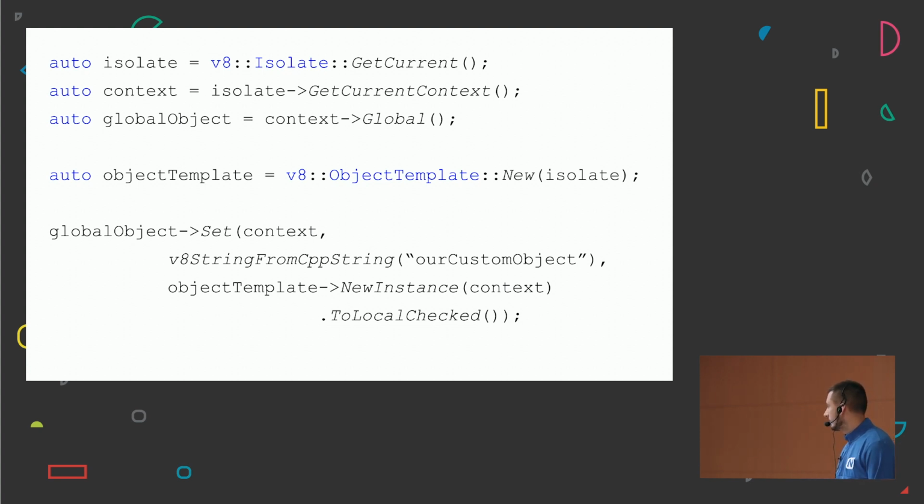After that, we are creating an object template. An object template in V8 terms is the blueprint of an object. And after that, we use the set API on the global object in order to set some object inside of the global V8 object.